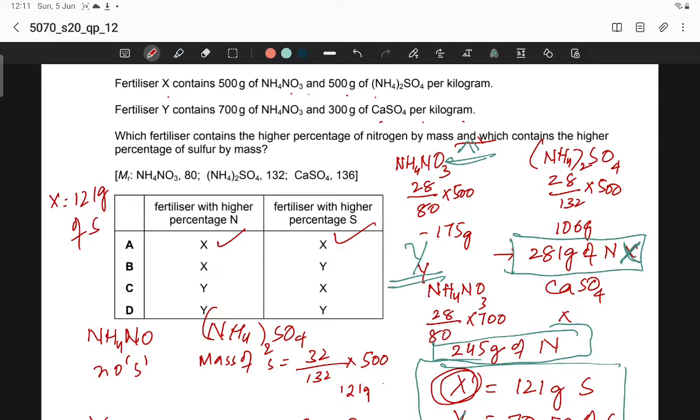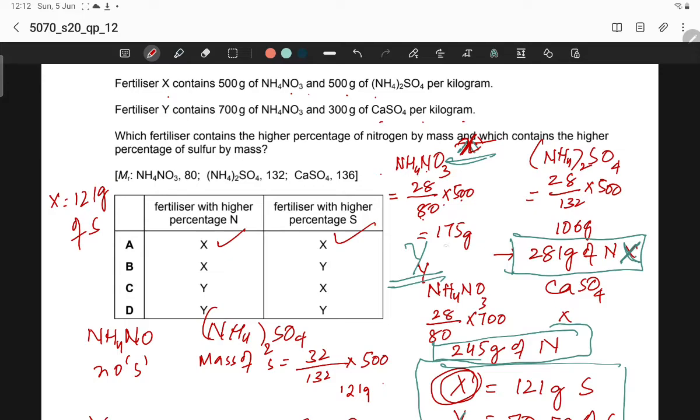By calculating, X contains ammonium nitrate and ammonium sulfate. Ammonium nitrate has 2 nitrogen atoms, so that is 28 divided by the Mr of ammonium nitrate, 80, times 500.